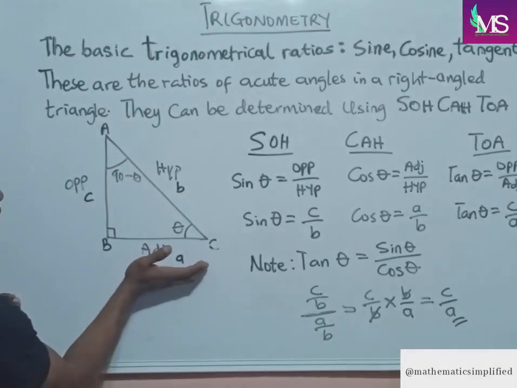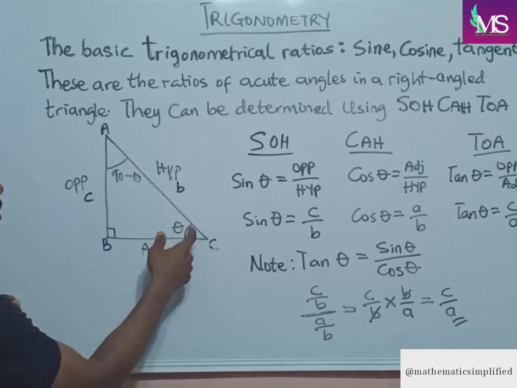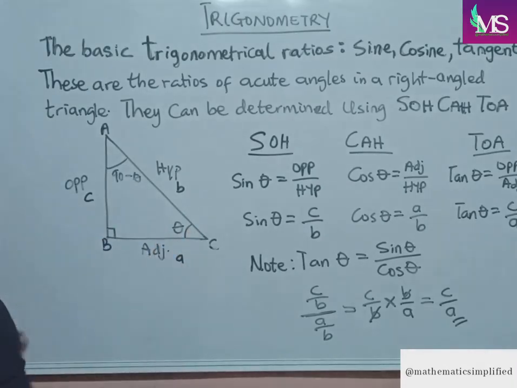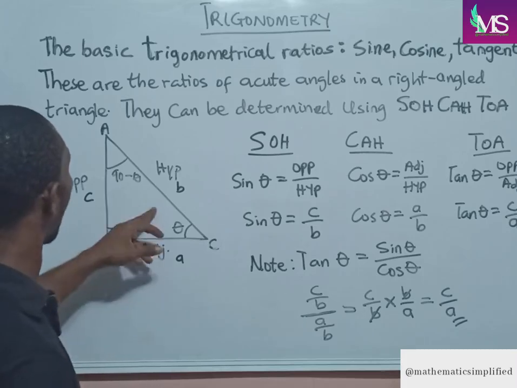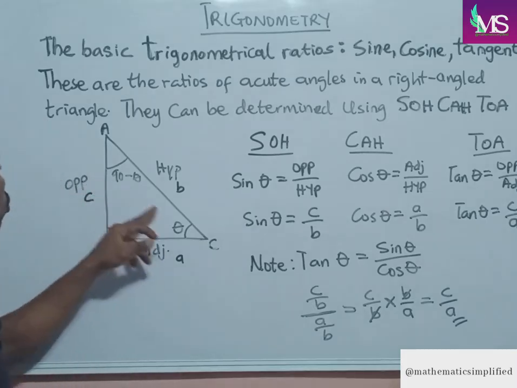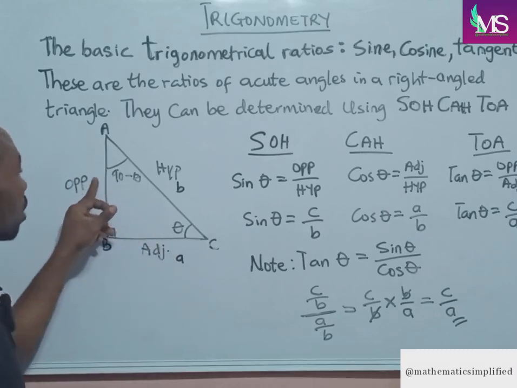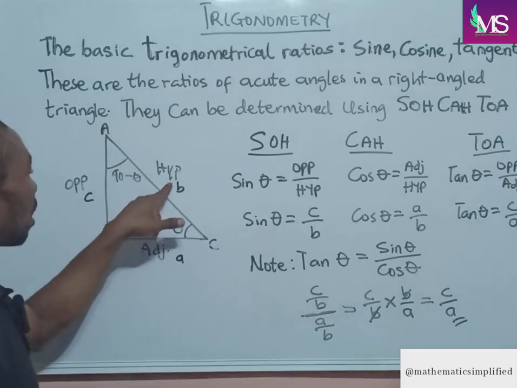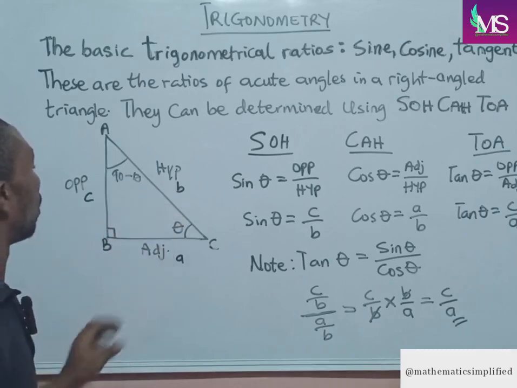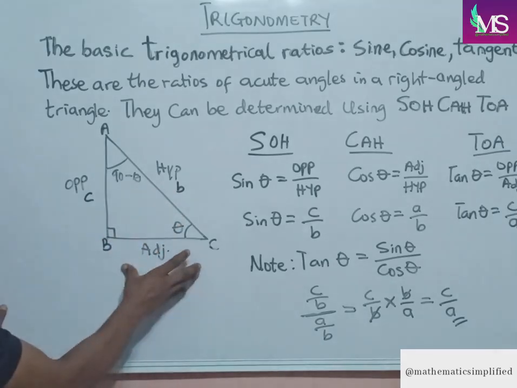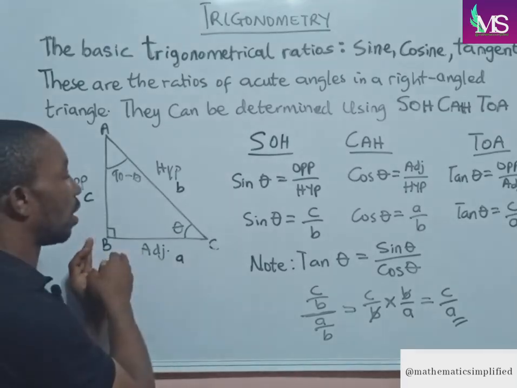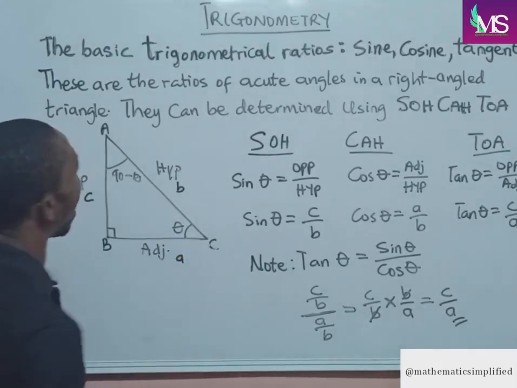Adjacent is the side bearing the 90 degrees and the acute angle, while opposite is the side facing our acute angle. Hypotenuse is the side facing the 90 degrees or right angle.